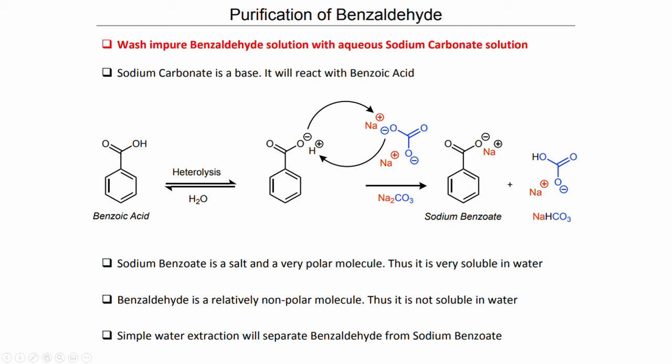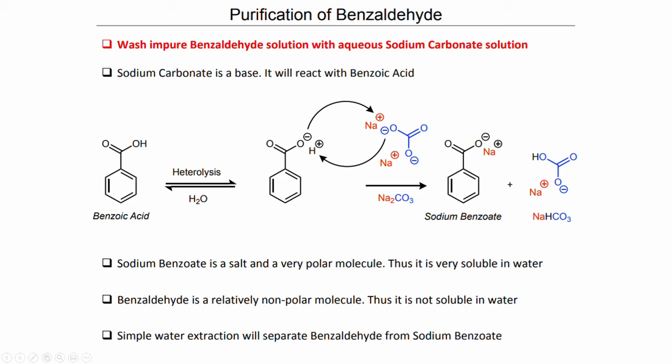Here you can see that if benzoic acid undergoes heterolysis, where the hydrogen is removed, the negative charge on the oxygen can ionically bind to the sodium, and the negatively charged carbonate can interact with the hydrogen. And so what we end up getting is sodium benzoate as one product and sodium bicarbonate as another product.